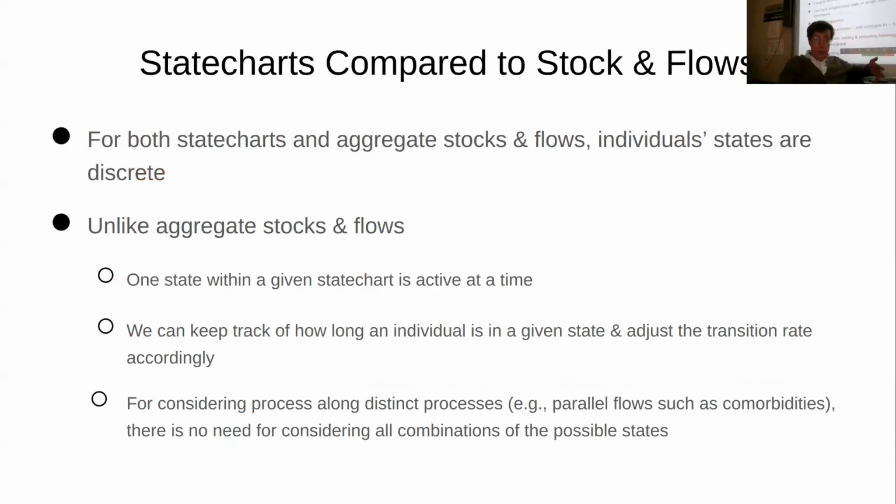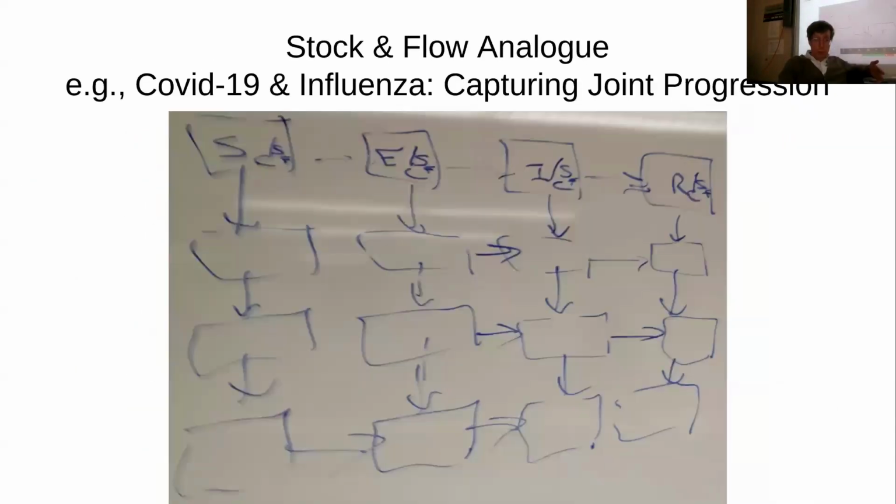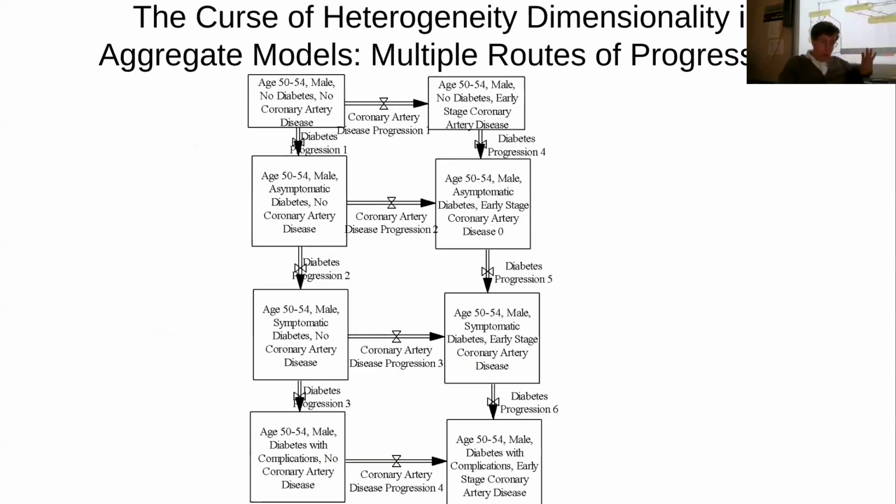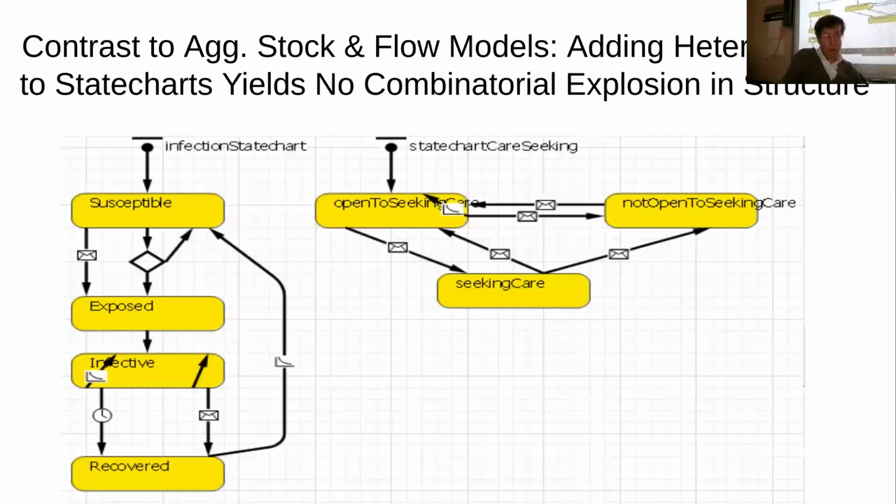By contrast, adding things in within the context of an individual level model means adding in a new state chart, for example. It's a comparatively localized, comparatively surgical type of change that doesn't require mucking around with all the other pieces within the model.